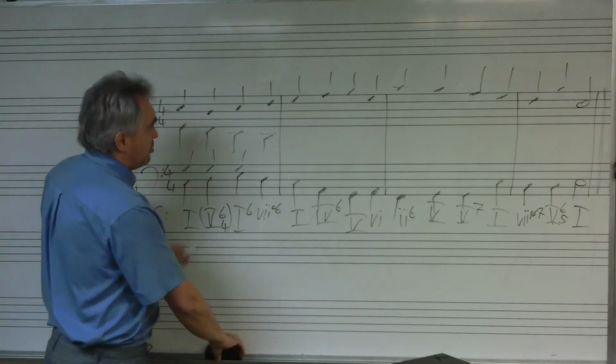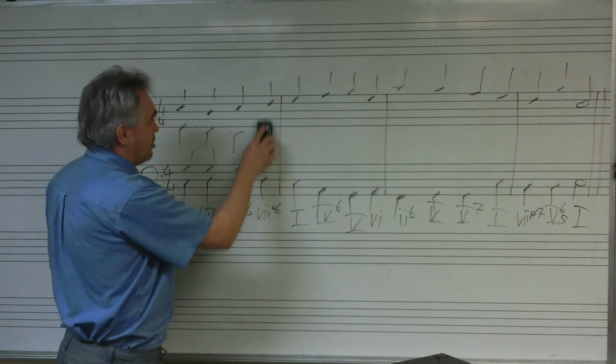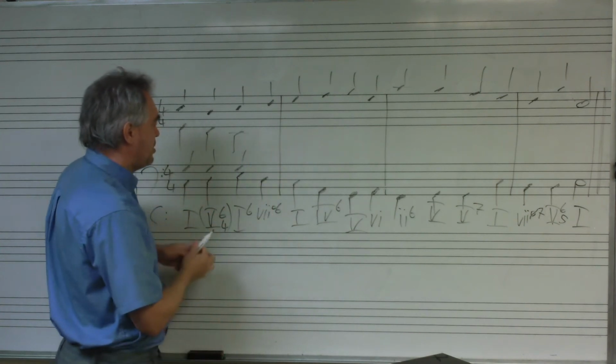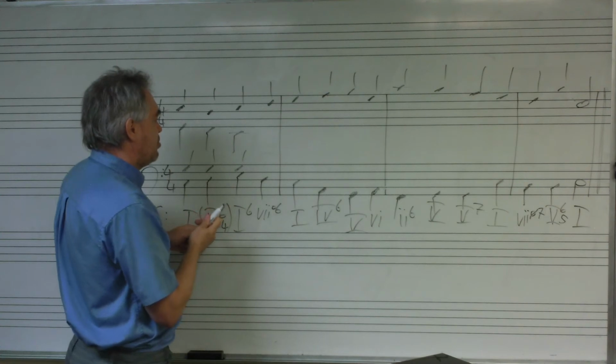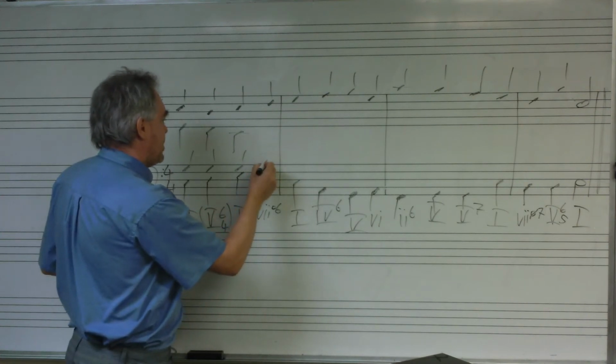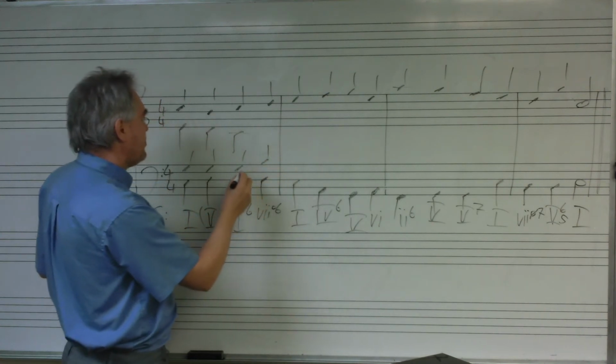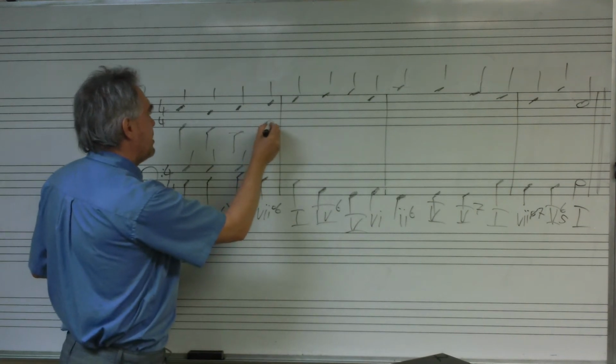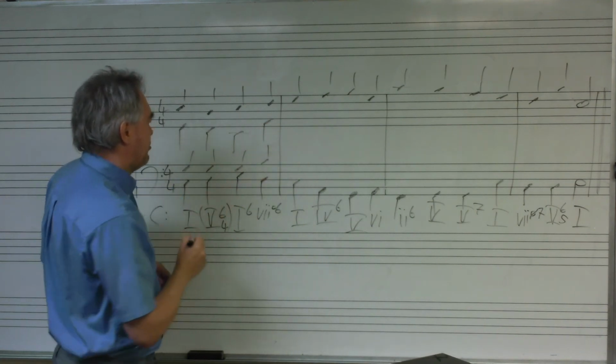So going down to B here is not a good idea because I would have a spacing error. So let me put the B instead into the tenor, leaping up here and leaping up to the F.